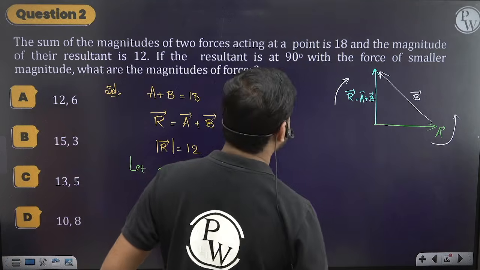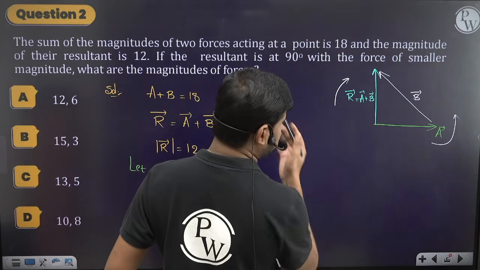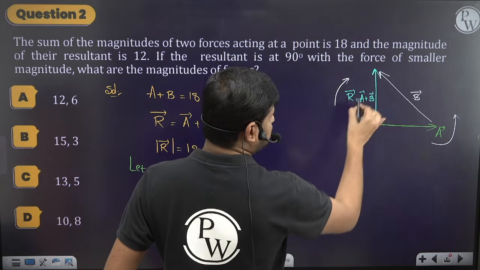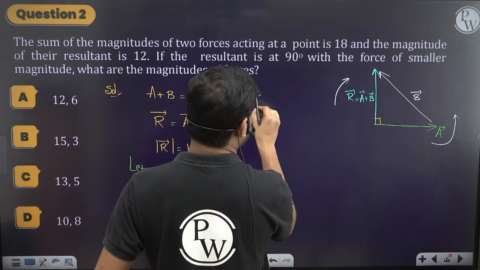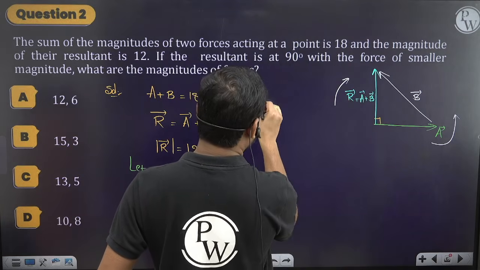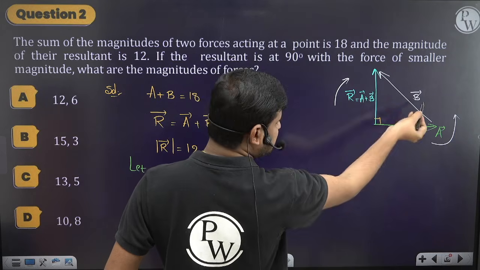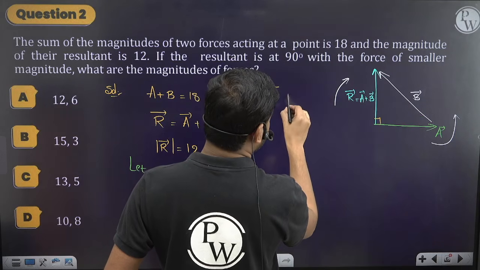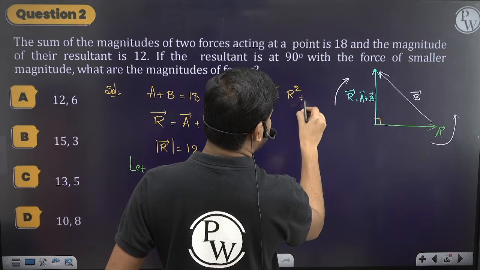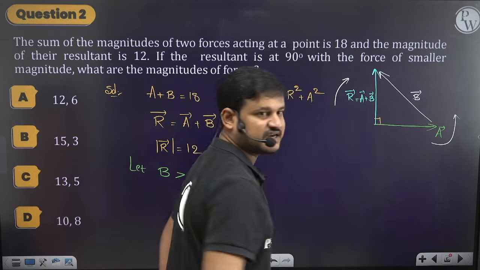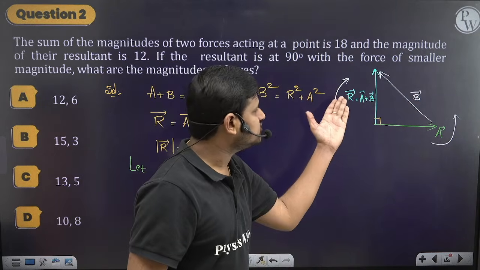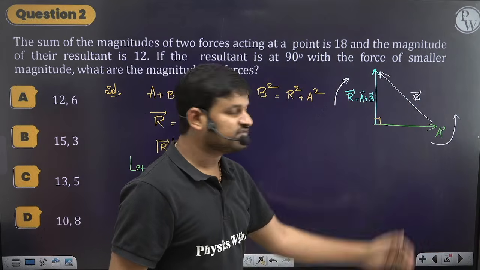Let me use the Pythagoras theorem in this triangle. The hypotenuse square, the magnitude of B square, equals the magnitude of R square plus the magnitude of A square. Simply, I am taking the magnitudes of these three vectors. The hypotenuse square is equal to the sum of the other two sides' squares, right?